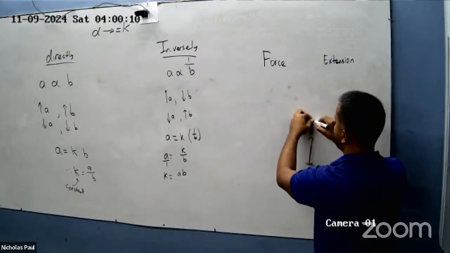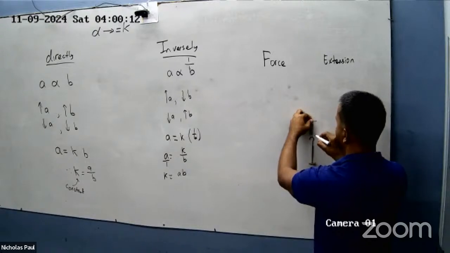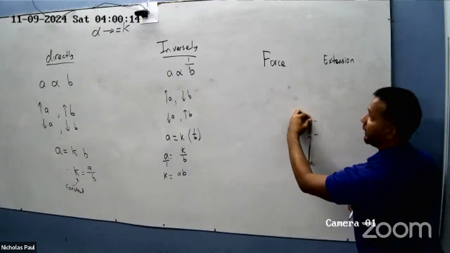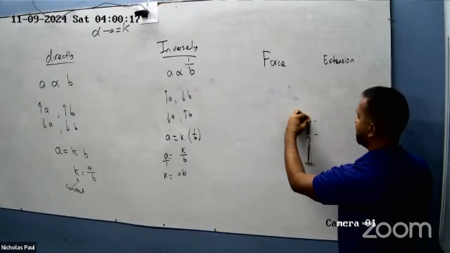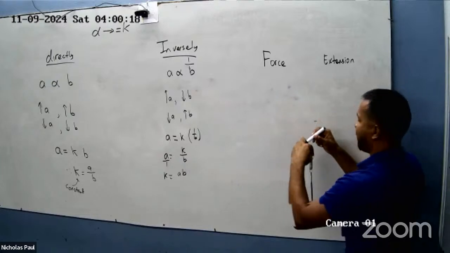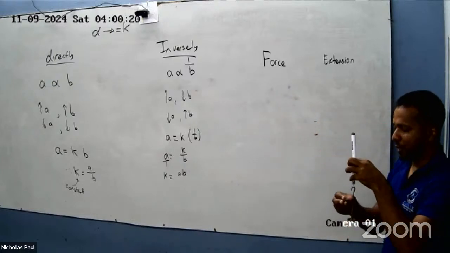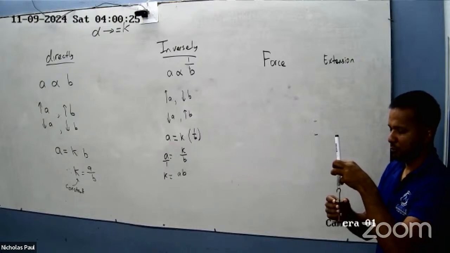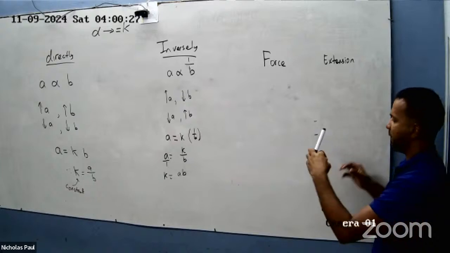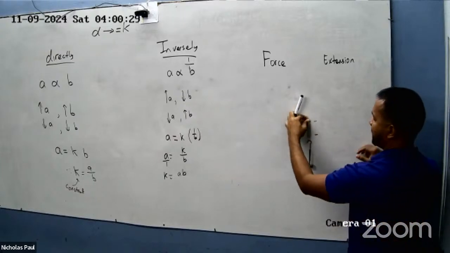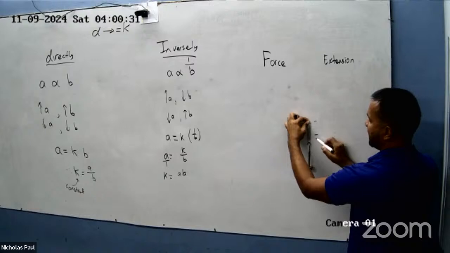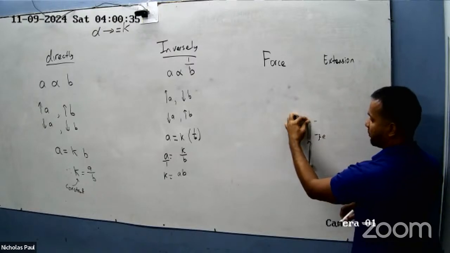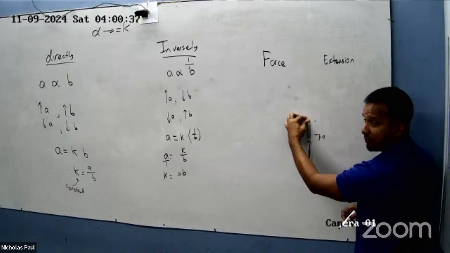If I started here, the original length is right here. I'm sure you've seen that online. Okay, I'm going to add on a mass. Let's see what will happen. If I add on a mass, that's the original length, and you would recognize that from here to here, there is an extension.